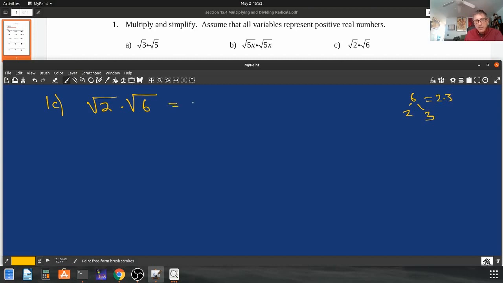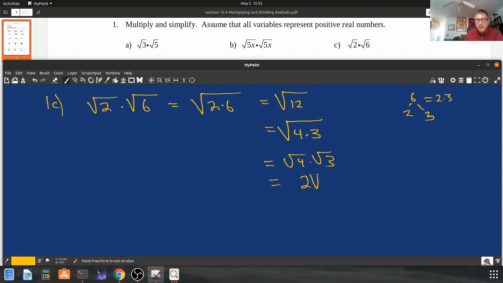But you're going to see in this example, when I use the product rule, 2 times 6, I get the square root of 12. But the square root of 12 can be simplified, because 12 is 4 times 3. So that's the same as the square root of 4 times the square root of 3. And the square root of 4 is 2. And the square root of 3 cannot be simplified because 3 is prime.